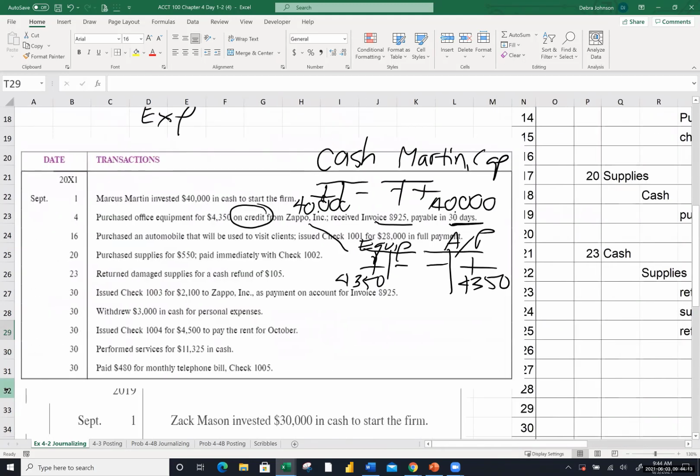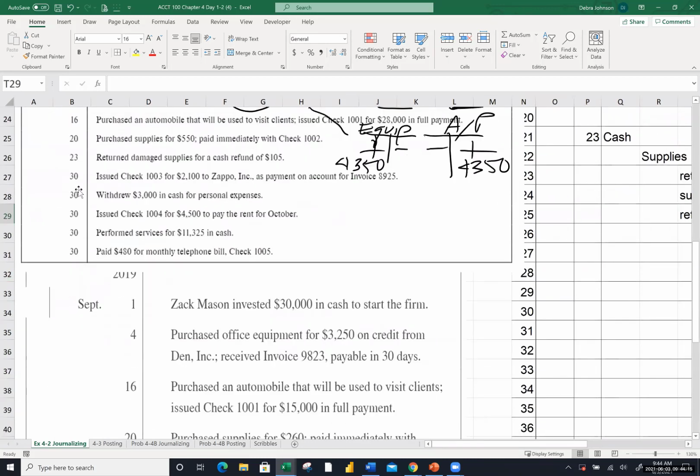Okay, let's keep going. We have 5 transactions that happened on the last day of the month. So all of these are going to be listed on the 30th because I think it's really important that we practice these transactions because the class goes really fast. I'm going to take the time to journalize these last 5. Why don't I give us like 5 minutes or so?